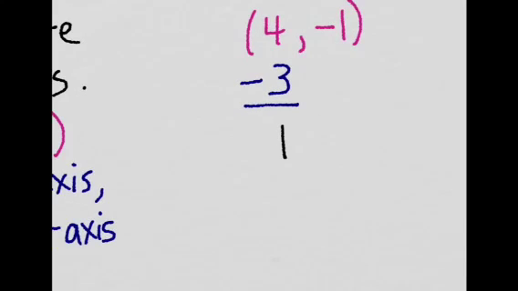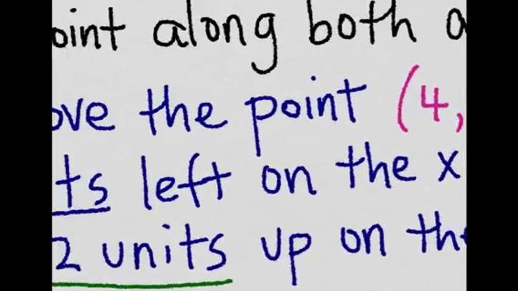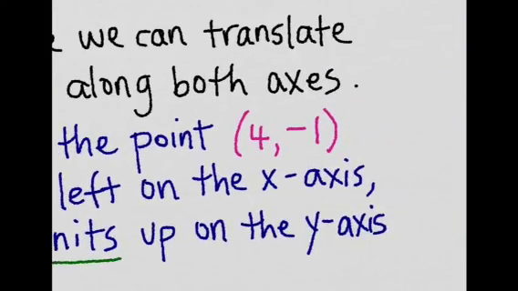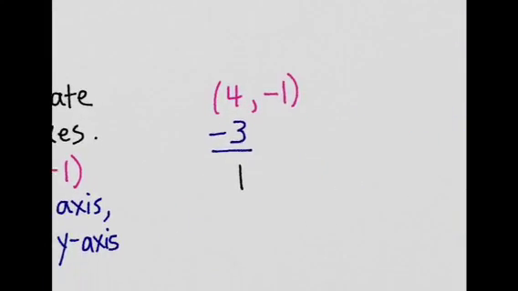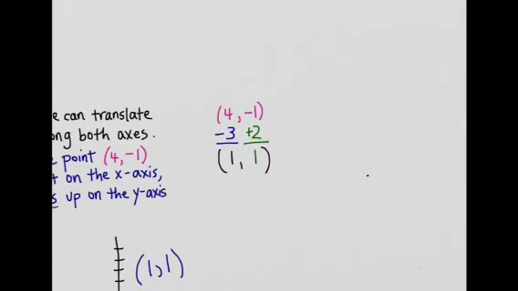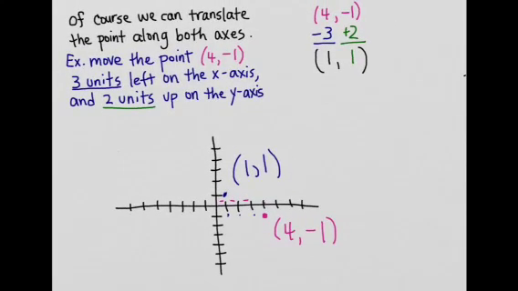And the change in the y-axis was 2 units up on the y-axis, and so what we need to do for that is add 2 to -1, which is going to give you, of course, 1. And there is, in fact, the point that we ended up plotting. We found out that the answer was the point (1, 1).